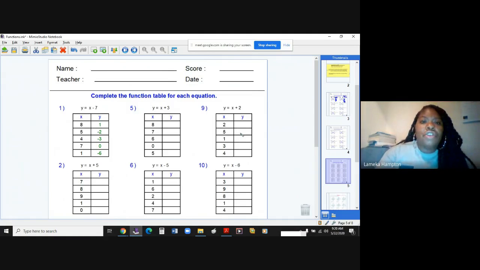Another way that you can recognize functions, and this is more of an elementary style way of recognizing functions, is through a function table. Again, functions are simply just a different way that you can write an equation or graph an equation, actually, okay?